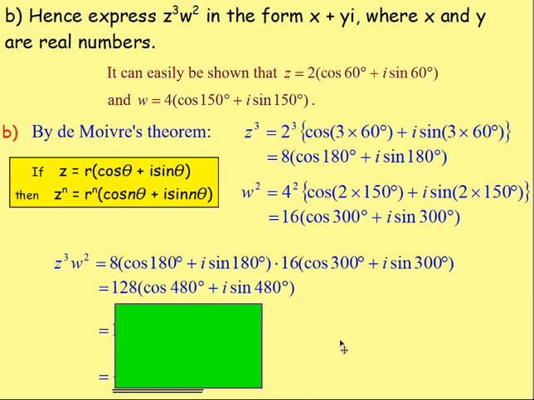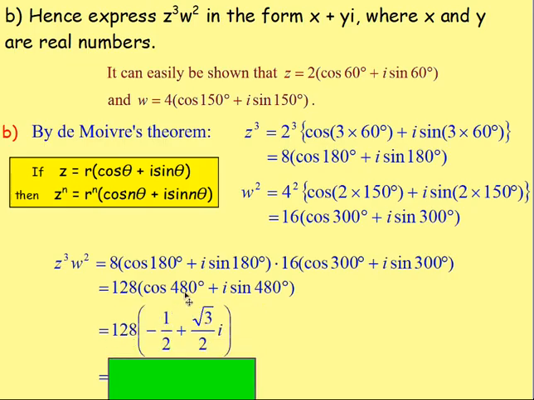Well, what we can do after that is if we're wanting it in the form of x plus yi, we can just evaluate, we can work out cos of 480. Either do what you did in higher using exact value triangles, CAST, graphs and so on, or you could use your calculator. But the cos of 480 is negative 1/2, and the sine of 480 is root 3 over 2.